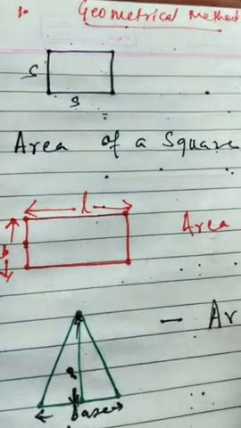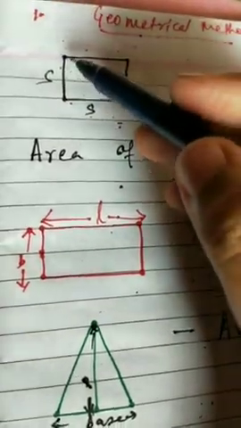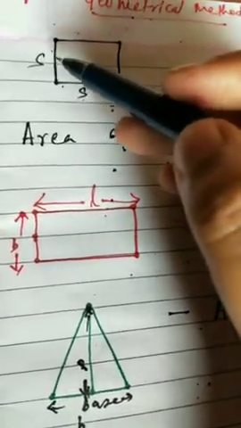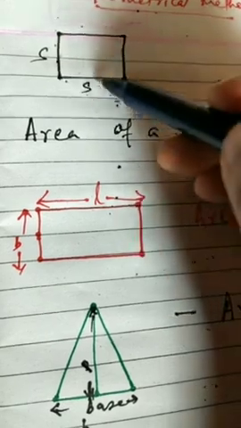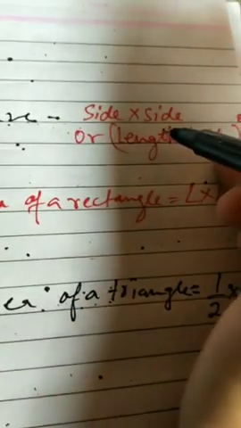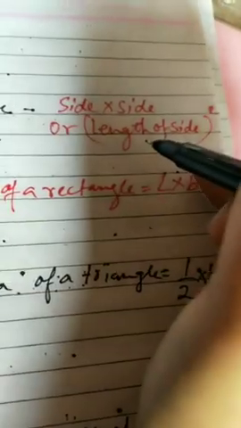So the area of a square: we can get the total surface occupied by this square by multiplying this side and this side. So we get the total area, how much space it is occupying. The formula will be side into side, or length of the side squared.